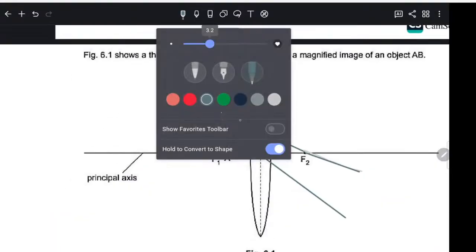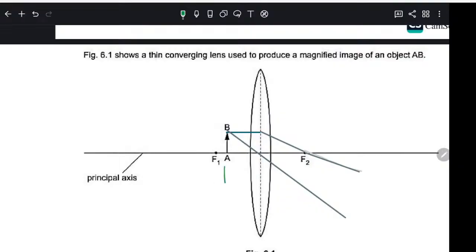Then you trace it back. You already can see that the object was before one focal length, so we were expecting it to be virtual. Here you trace them back. And you are going to form a magnified upright image.